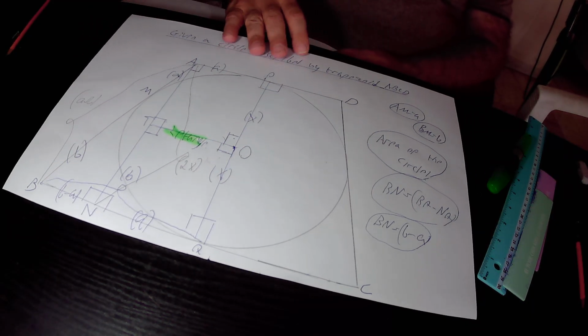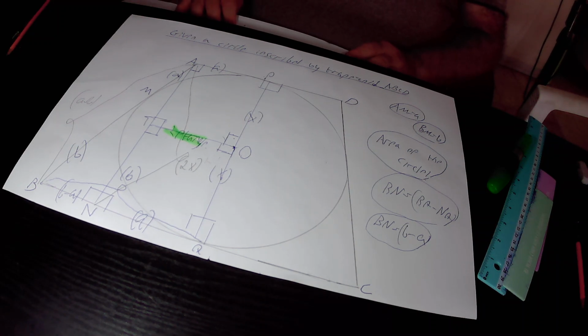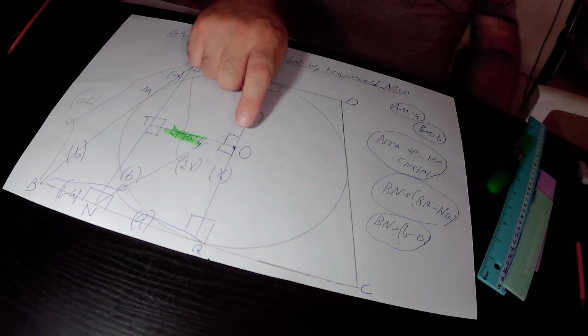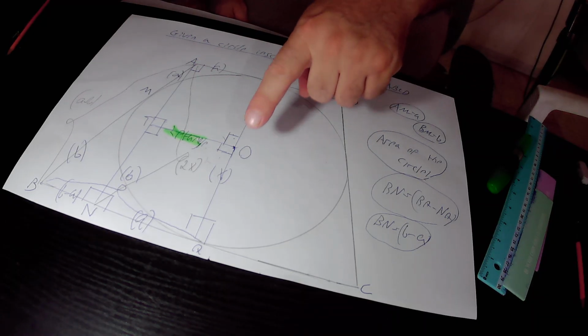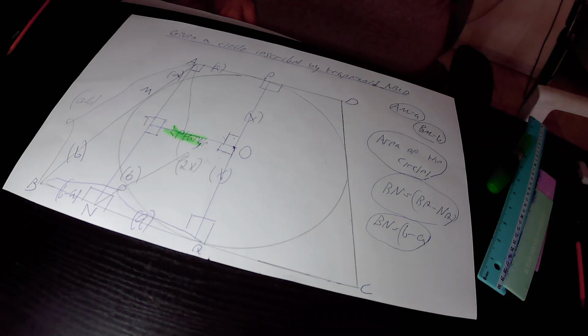Okay. In the next step, we define the center of this circle. This point is point O, and we join point O and Q together by a straight line. Point O is the center of this circle, point Q is a point on the circle itself, therefore OQ is the radius of this circle.